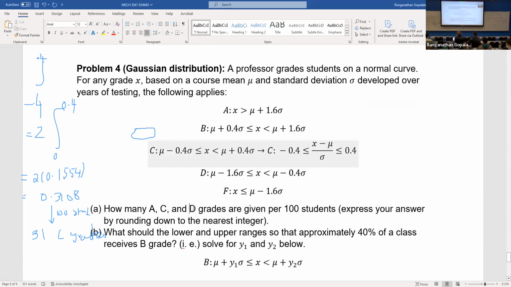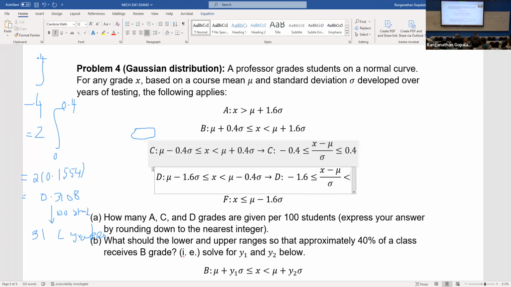How many D grades? So D grades is like asking the x value lies between mu minus 1.6 sigma and mu minus 0.4. If you transform, D is when the standard normal variable has a value between minus 1.6 and minus 0.4.